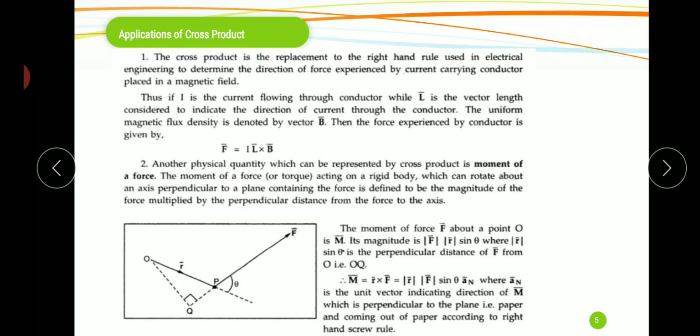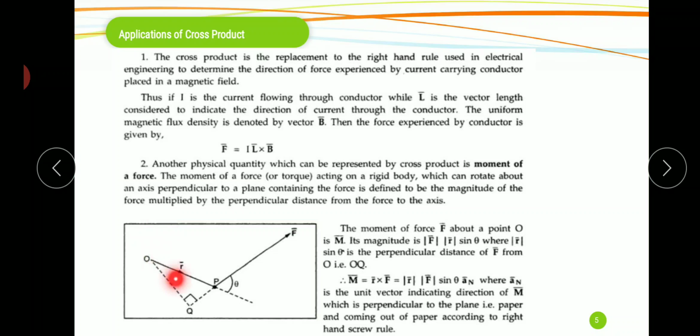the momentum of the force. So its magnitude, that means the m bar value, is equal to F bar R bar sin theta. Here R bar sin theta is the perpendicular distance of F bar from O, that is OQ.